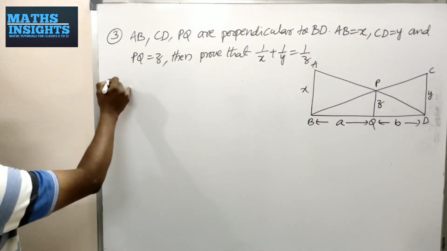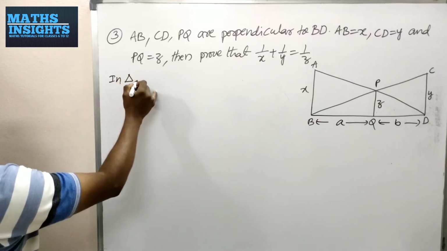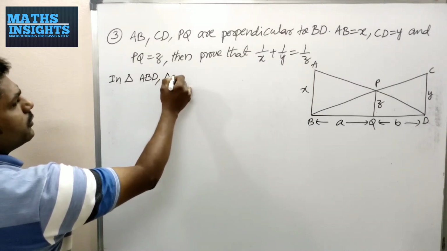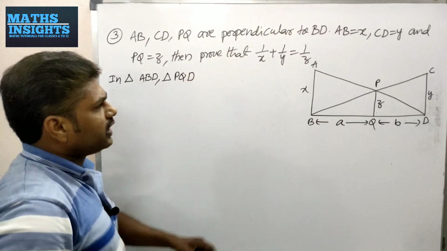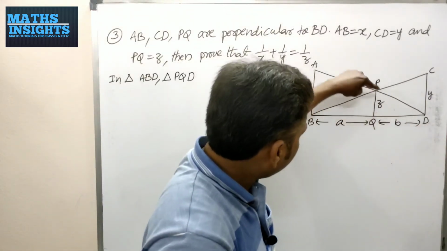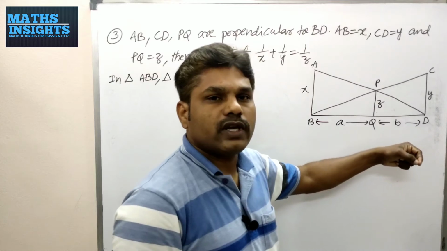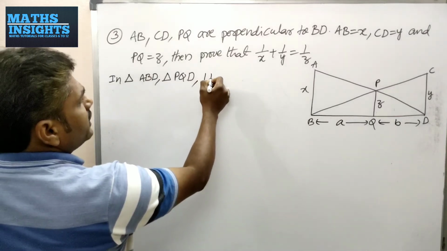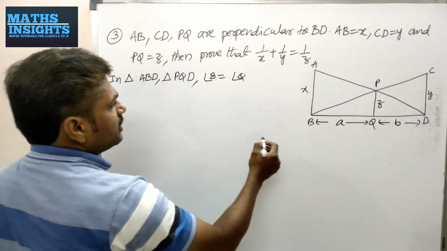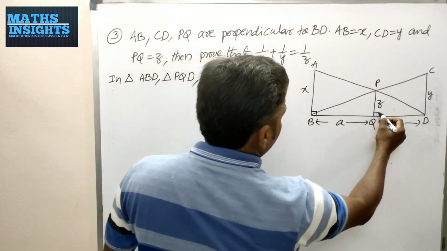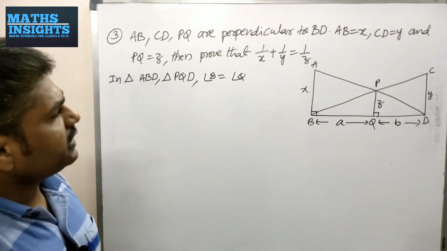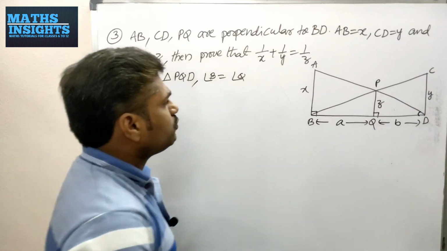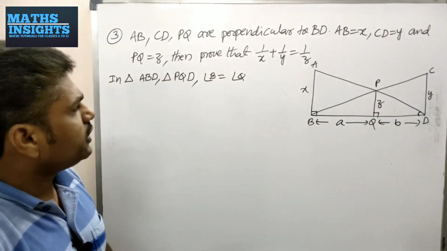Now I am taking two triangles, ABD and PQD. I am going to prove that these two are similar. In this we have angle B equal to angle Q. Why? Because they said that these are perpendicular, meaning they have 90 degrees. And if you observe, this angle is common to both the triangles ABD and PQD.